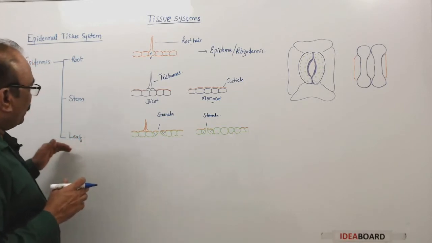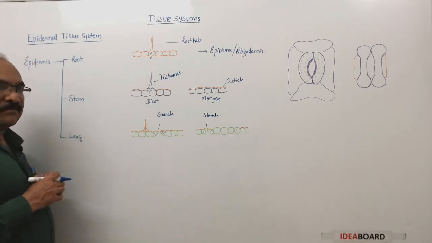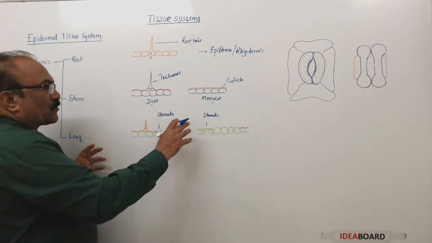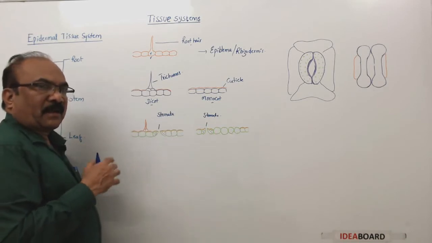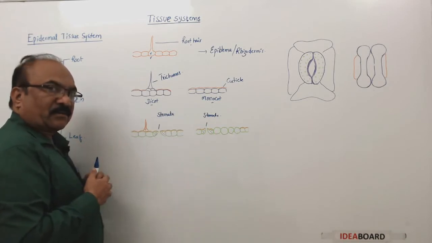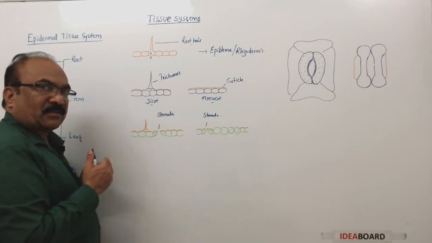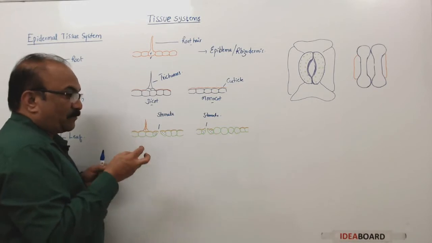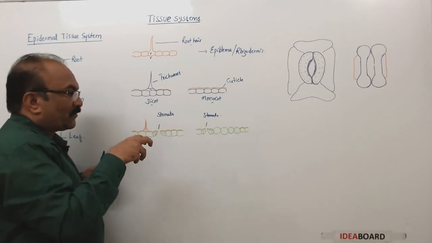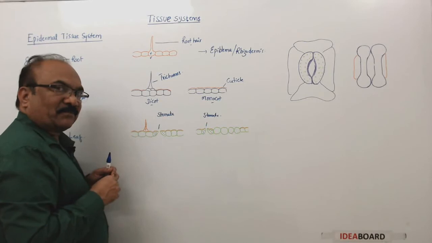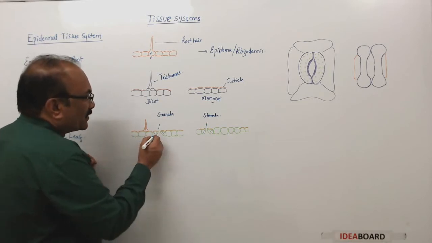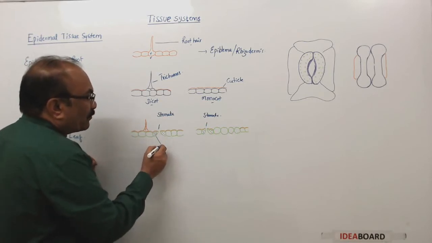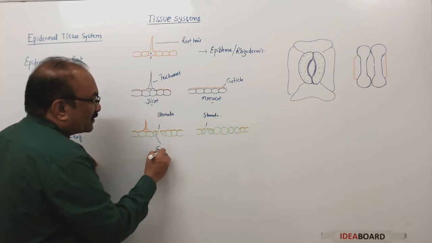When we come to the leaf, the leaf epidermis is also made up of parenchyma, and the cells are rectangular cells, arranged compactly without intercellular spaces. But some cells are modified. What are those modified cells of the epidermis? Guard cells.